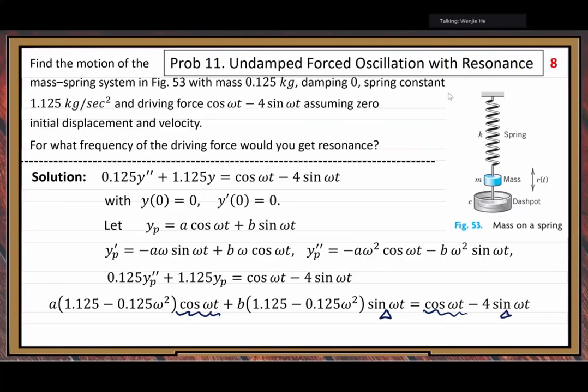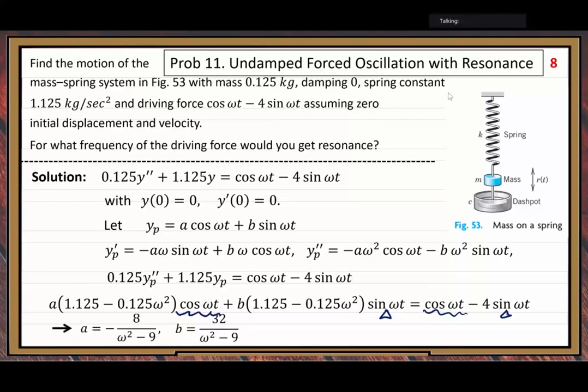Simple way: the coefficient of the cosine function on the left-hand side should be the same as the coefficient of the cosine function on the right-hand side. The coefficient of the sine function on the left-hand side should be the same as the coefficient of the sine function on the right-hand side. So we have two equations.